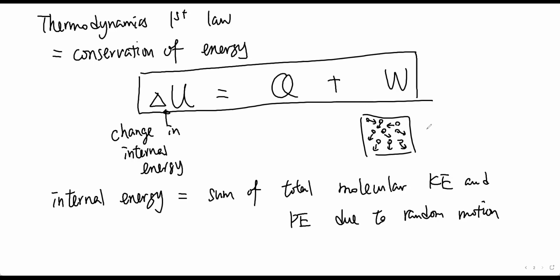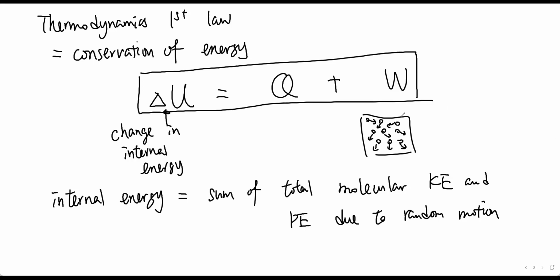If you're moving them as a whole, you don't count that KE. Understand? Let's say if you're moving a box, you do not increase the internal energy, because the kinetic energy of each molecule does not change if you move the box as a whole.